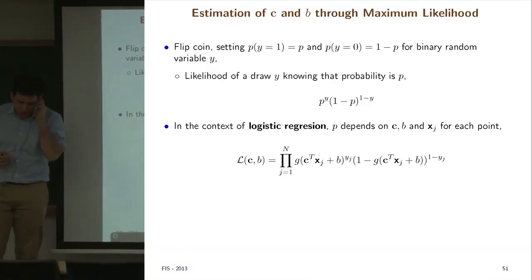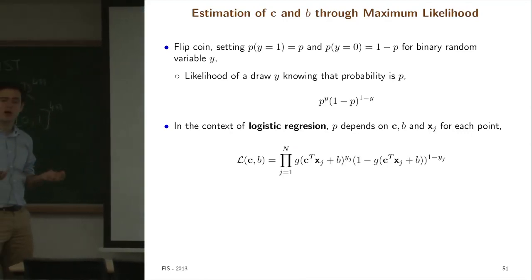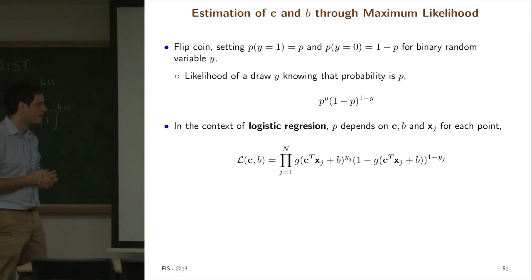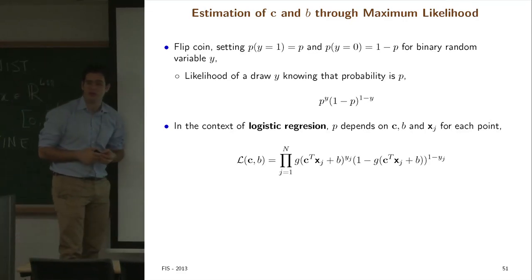So in the context of logistic regression, this probability of having a label y equals 1 or y equals 0 is going to depend on C, B and xj. This is the model that we're going to assume.